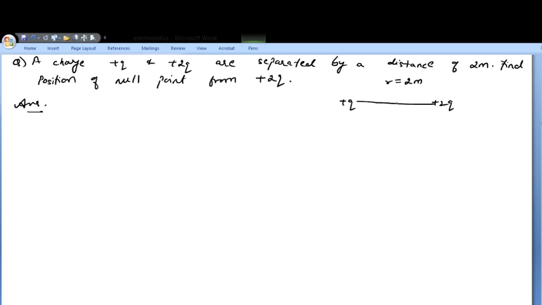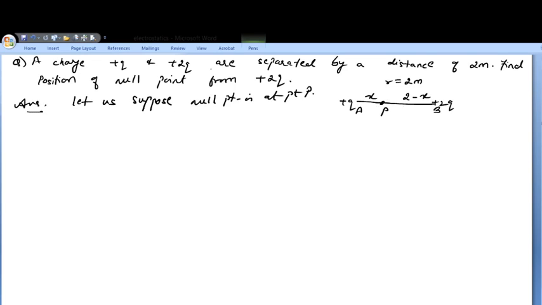So let us suppose the null point is at point P. If the null point is at point P, let this distance be x. Say this is point A, this is B. So what will be PB? PB will be equal to 2 minus x.